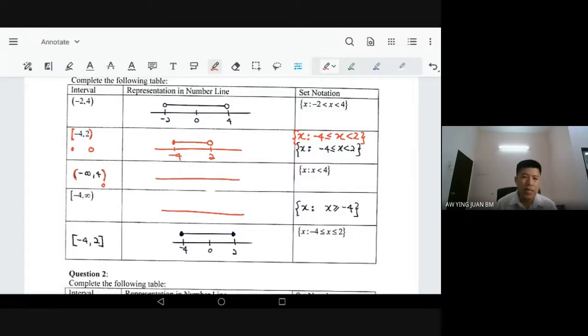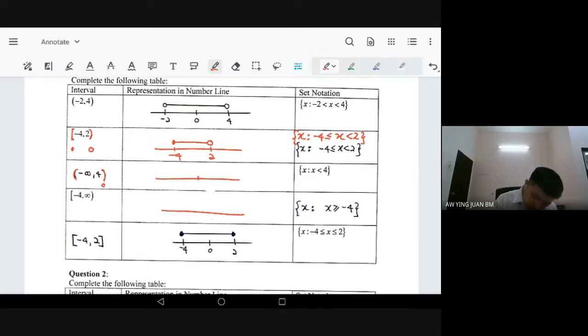If we say negative infinity, it might be negative 12, negative 13, negative 14, negative 15, as long as it keeps moving to the left. That is the situation for negative infinity. It means uncertain. You don't know how much, but it goes to the left.